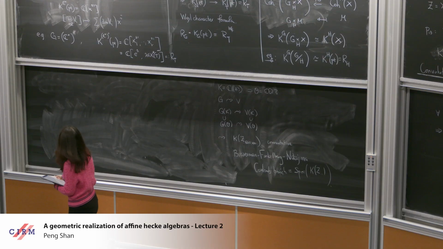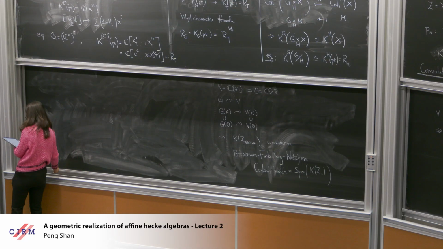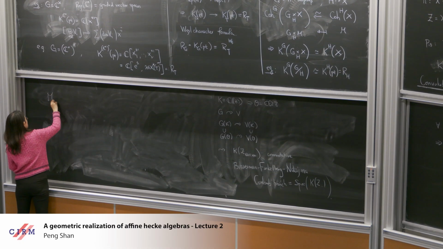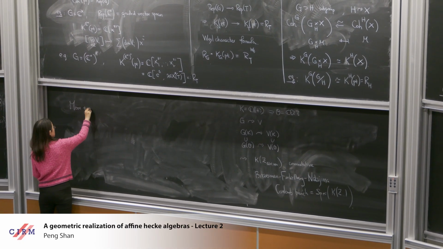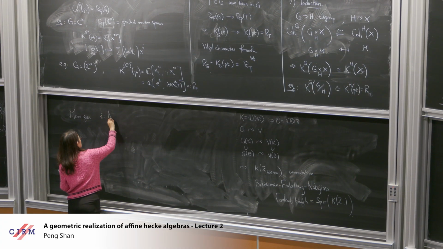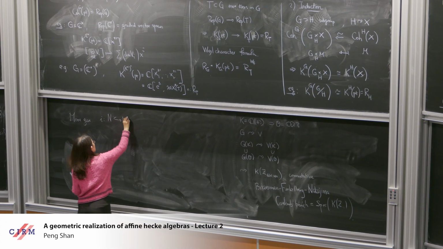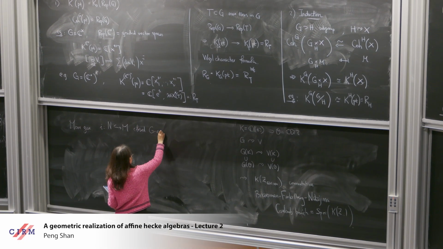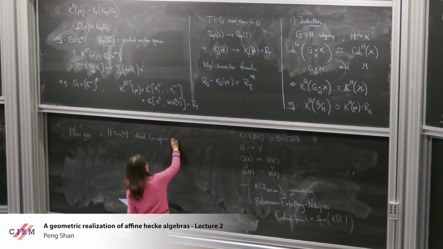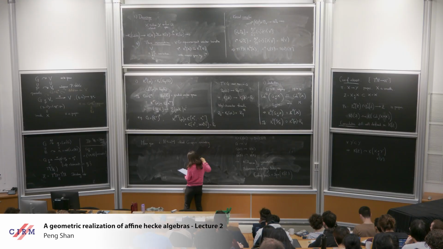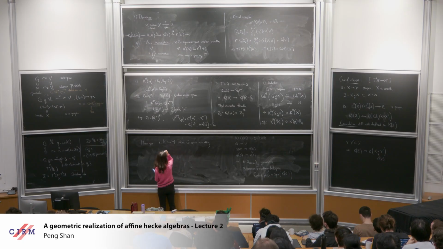Okay. Well, more generally, given a closed embedding, let's say make everything G equivariant, such that N and M are both smooth.